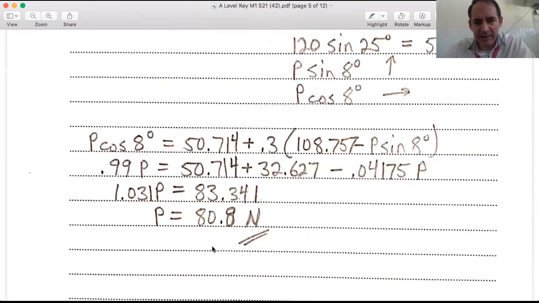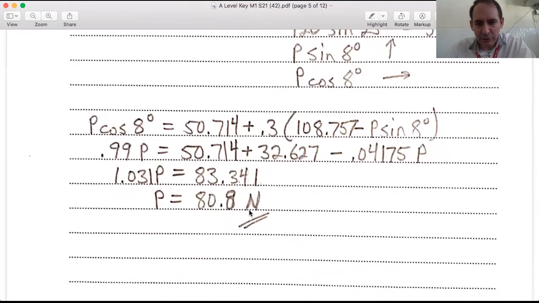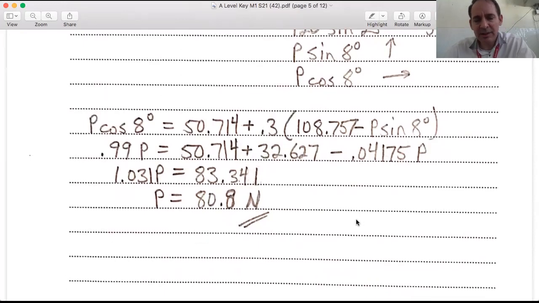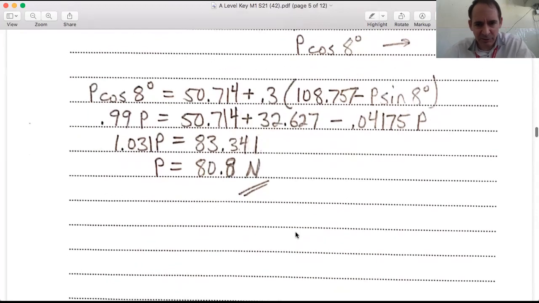Divide and you get your force of P is 80.8 newtons. Make sure you're taking your decimal place far enough for your final answer to be correct to 3 significant figures. You should do your work where appropriate to 4 significant figures or more.